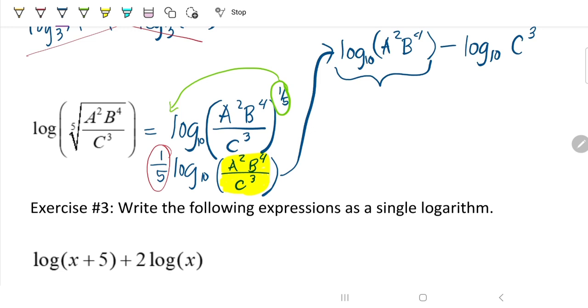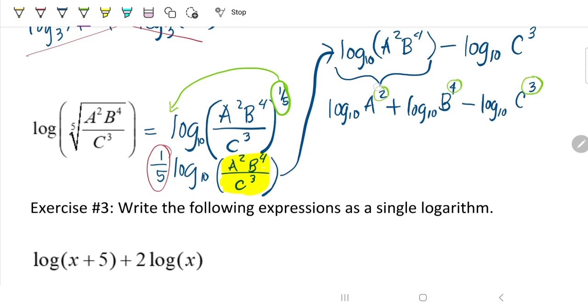We can use product rule to break it down into log base 10 of a squared plus log base 10 of b to the 4. Okay? Then we have minus log base 10 of c cubed. Okay. So, pwede tayong mag-power rule dito ng 3 times.